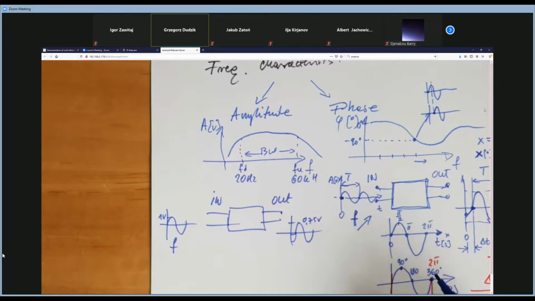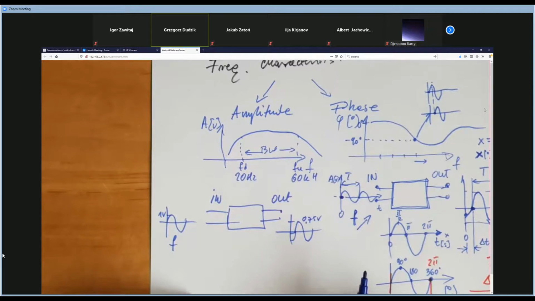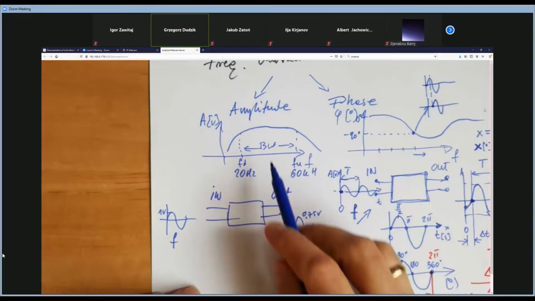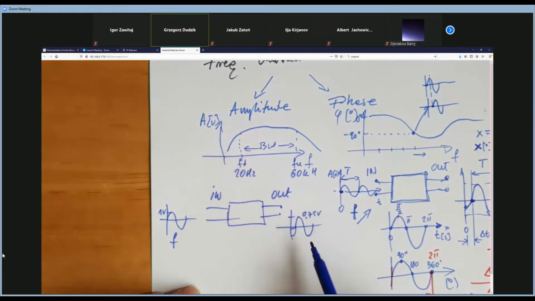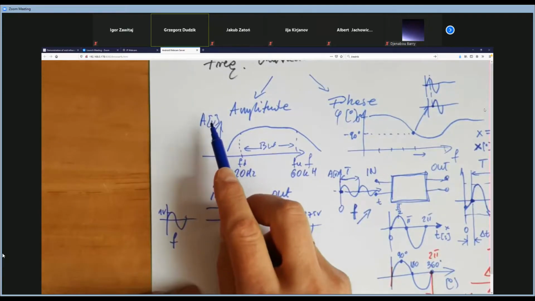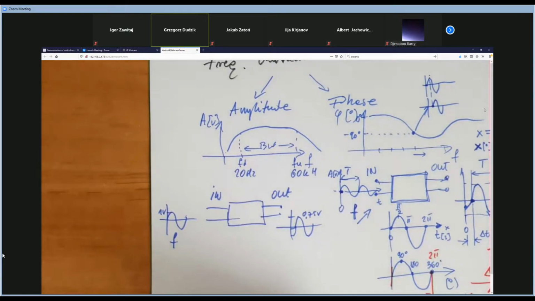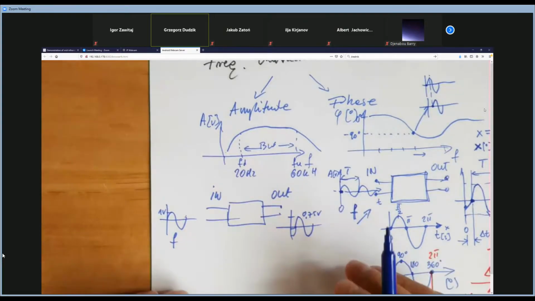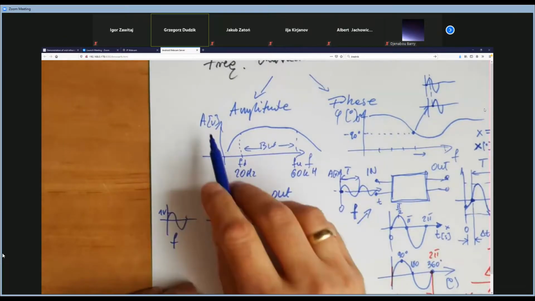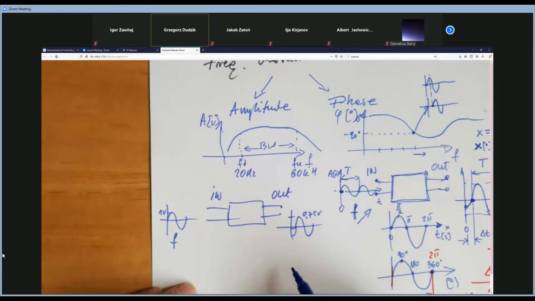So what is the amplitude here? We can express the amplitude characteristic if you just take the output signal and put the values here. However, the better way is calculating the amplitude as the proportion between the output and input signal, for example, as V out over V in.